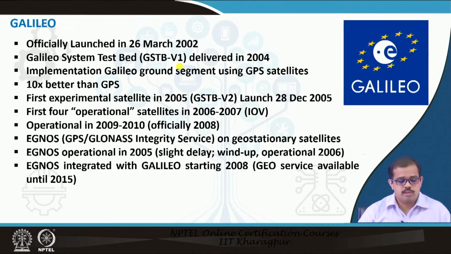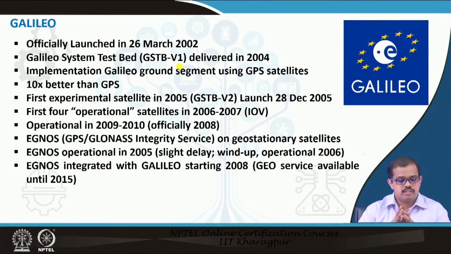That is an experimental satellite. Then the first of the 4 operational satellites: once it was experimented, the operational satellites were launched between 2006 and 2007. Then it was operational between 2009 and 2010 officially. Officially it is said to be operational by 2008, but when we look at the data and the signal reception, it was in 2009 and 2010.